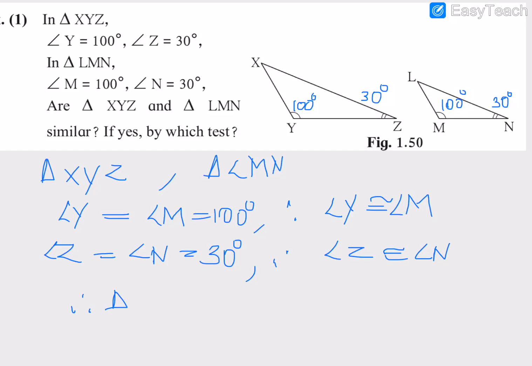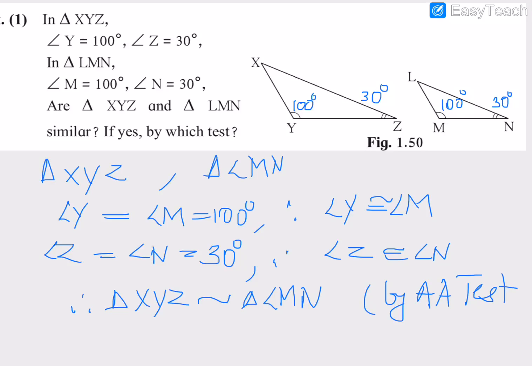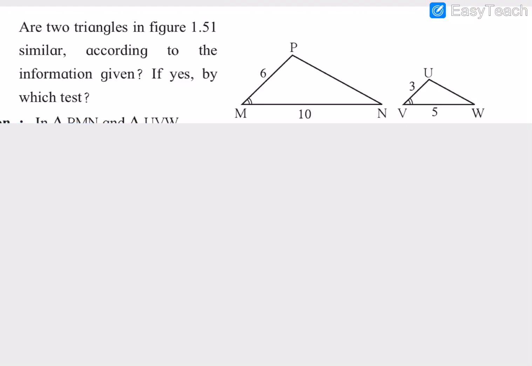Therefore, triangle XYZ is similar to triangle LMN. We have to mention which test we use here also: by the AA test, we have proved that the two triangles are similar.